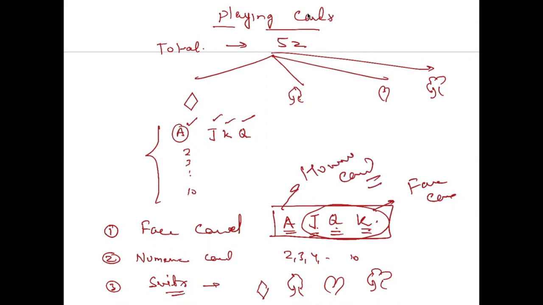It depends on what terminology we are taking. Honor card will be A, J, Queen, and King, and face card J, Queen, and King. These three are usually used, and a few books use the other one. So we will take the complete set as the honor card, and only these three we'll call the face card, right? They have the face.